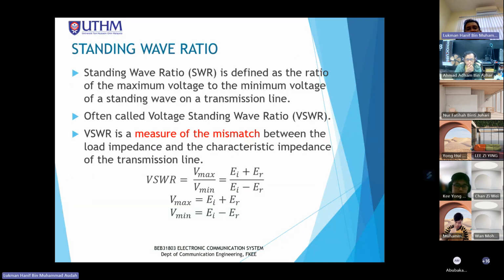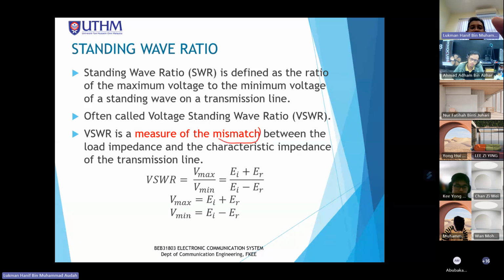Then we can move to the next parameter, the VSWR, the voltage standing wave ratio. It's defined as the ratio of maximum voltage to the minimum voltage of the standing wave on a transmission line. VSWR is the measure of the mismatch between the load impedance and the characteristic impedance of the transmission line.